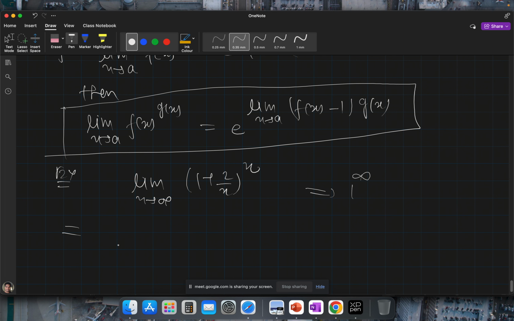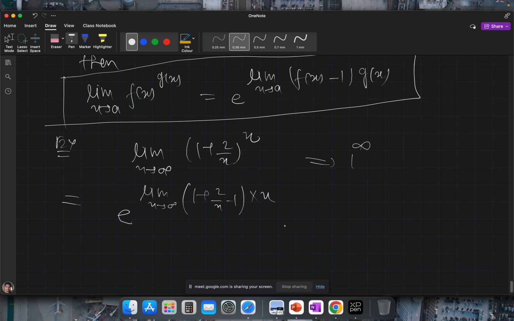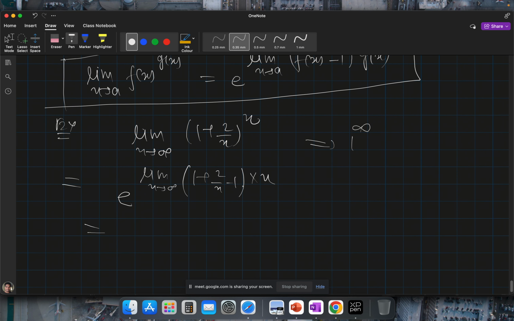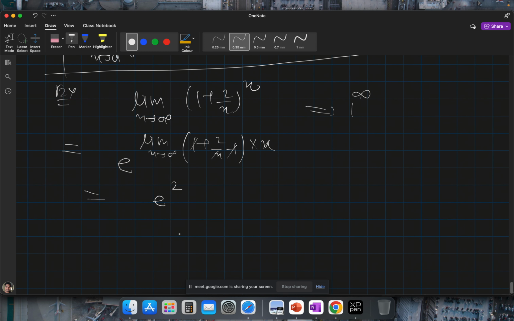So e raised to the power limit will remain the same. Now I will subtract this function by 1, so you will get 2 by x, and I will multiply g(x) by this function. So you will get 2 by x times x, the x will be cancelled out. So you will get e raised to the power 2. So that is the answer.